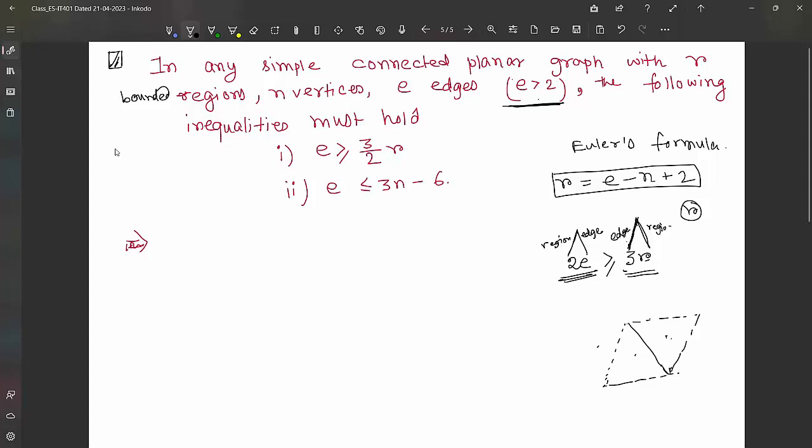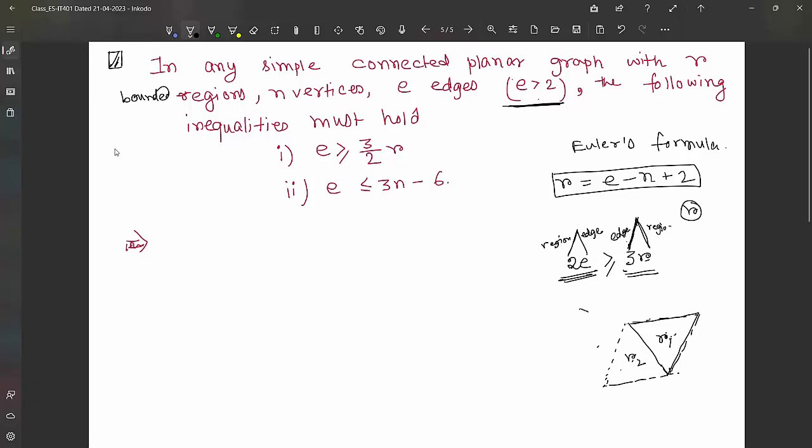Is this statement clear? Two regions are attached with one edge. This is R1, this is suppose R2. So two regions are attached with one edge, and one region is attached with how many edges? 3.